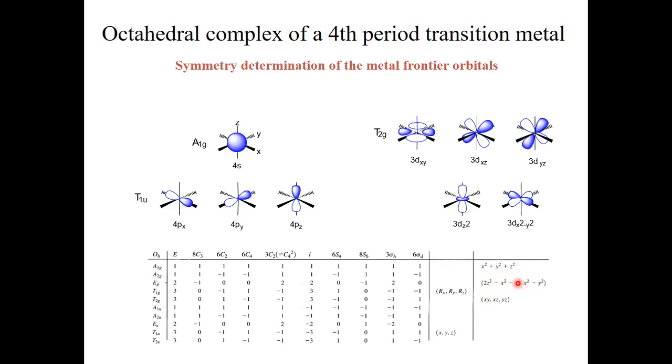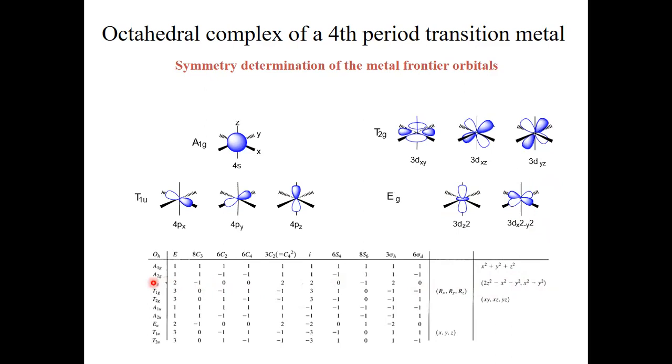Therefore, our 3dz² orbital is actually hidden behind this mathematical expression. And we see here the mathematical form for the dx²−y² orbital. So that means that these two orbitals are also doubly degenerate, and the exact symmetry type you can read by going to the left side, which is Eg.